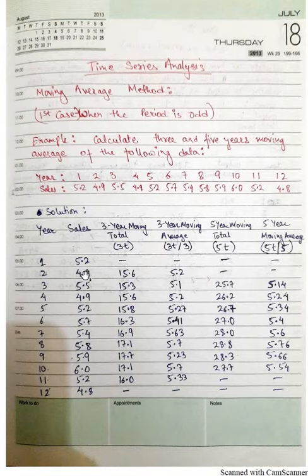We added these 3 years, we'll write it in the middle here. So the middle of these three is this, so we'll write the total of these three numbers here. So 5.2, 4.9 and 5.5 is 15.6.